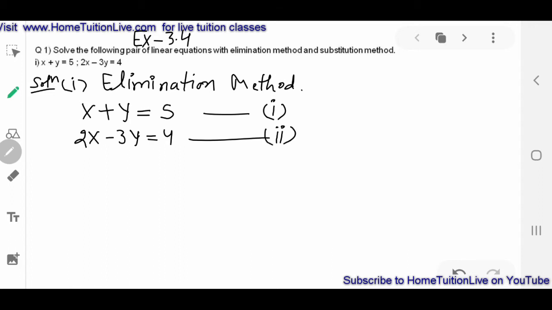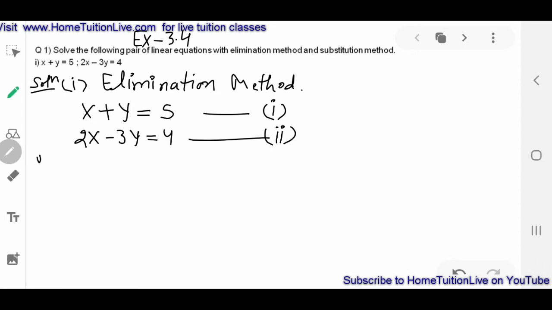Okay. In elimination method, we make the x coefficient of both the equations same. So for this we have to multiply the first equation by 2 so that the coefficient of x in both the terms will be same.